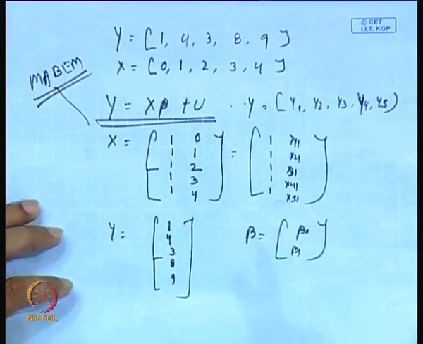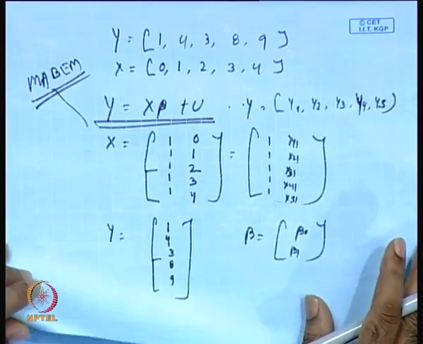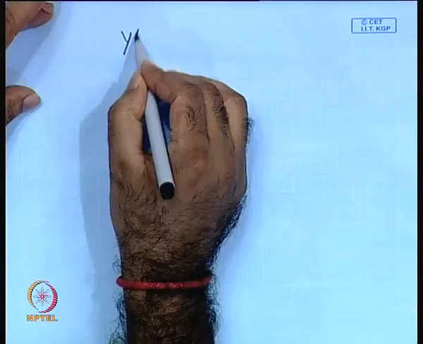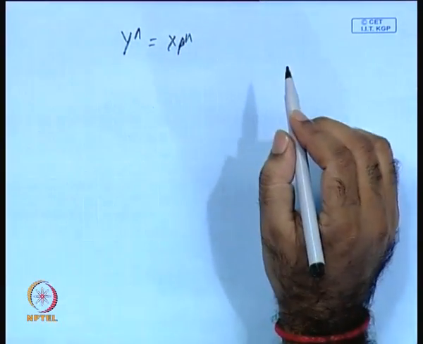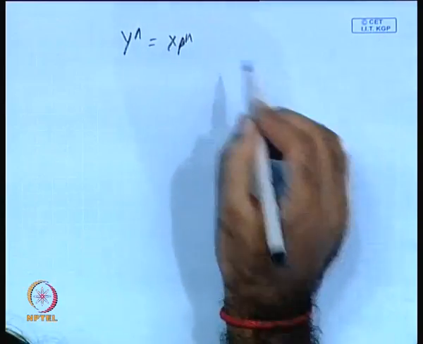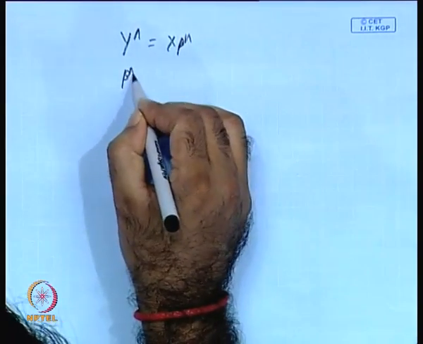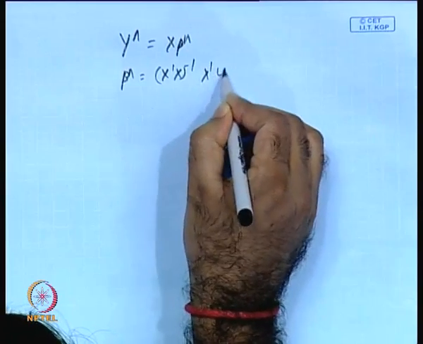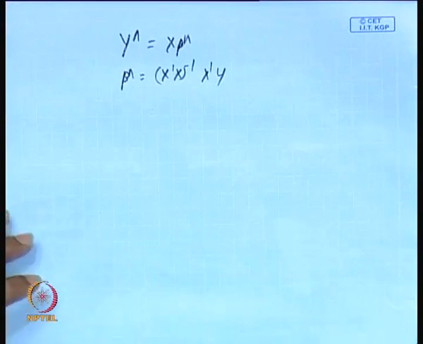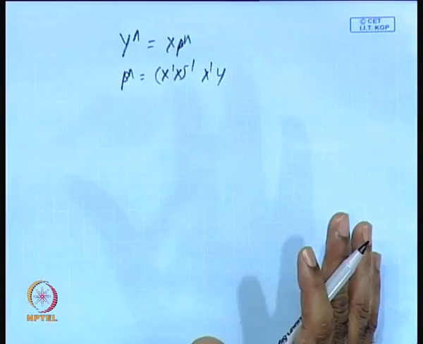Now we would like to know the structure, how we will get the estimated model. That means we would like to know what is y hat. y hat equal to x beta hat, where beta hat equal to x transpose x inverse x transpose y. So this is our estimated structure.